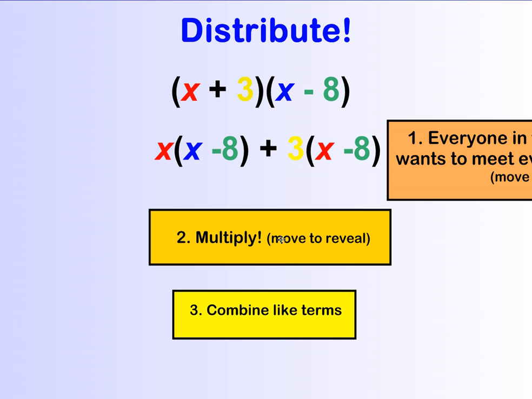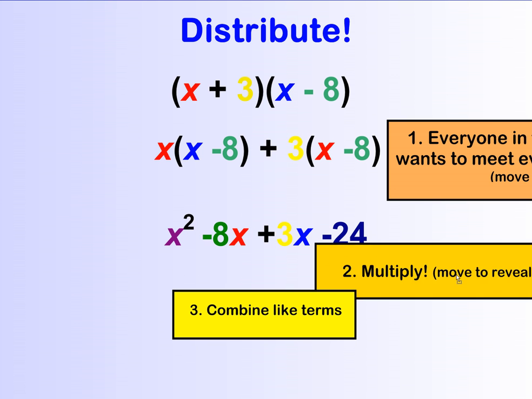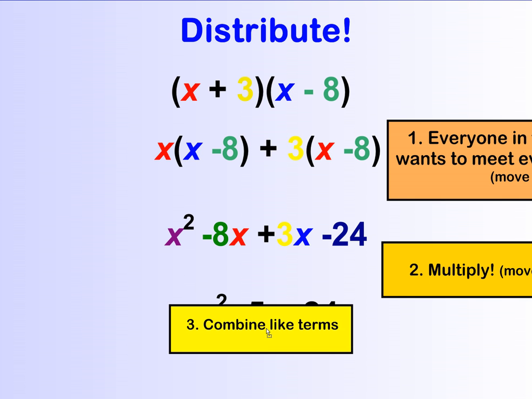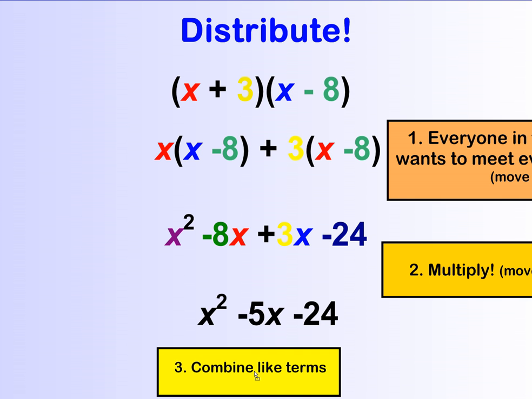So our next step is to actually multiply them together, and we're left with x squared minus 8x plus 3x minus 24. We know that that can't be our final step because we have like terms in there that haven't been combined yet. So once we combine those two linear terms, we're left with x squared minus 5x minus 24 as our standard form of a quadratic function.